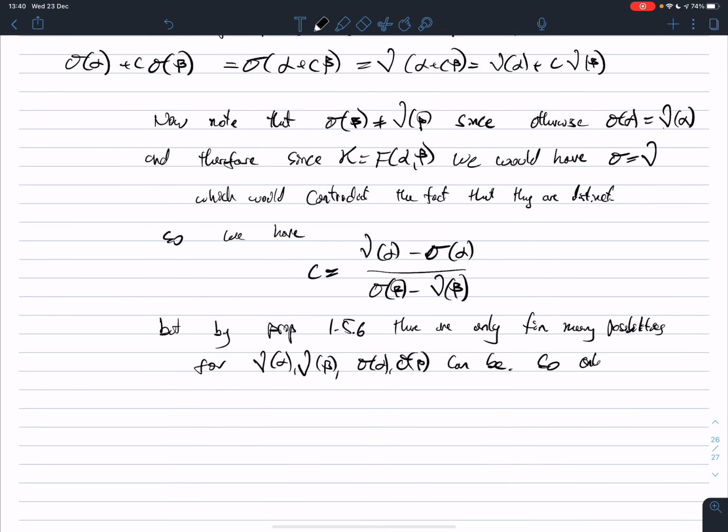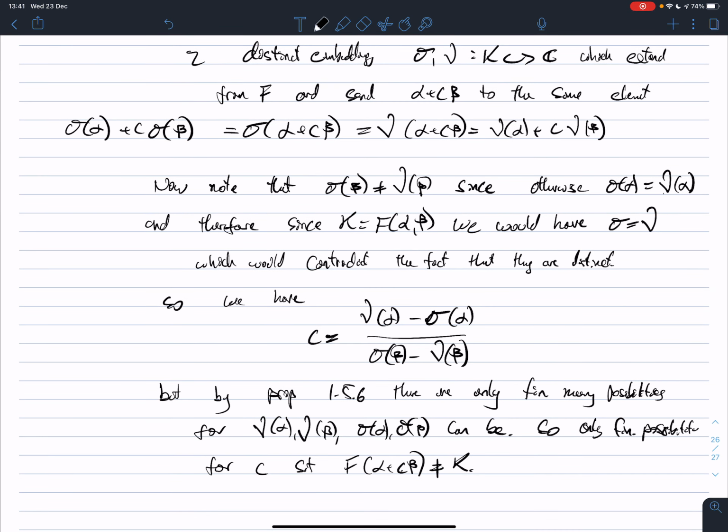So there are only finitely many possibilities for c such that f of alpha plus c beta would be different from k. So there are only finitely many choices which wouldn't work.